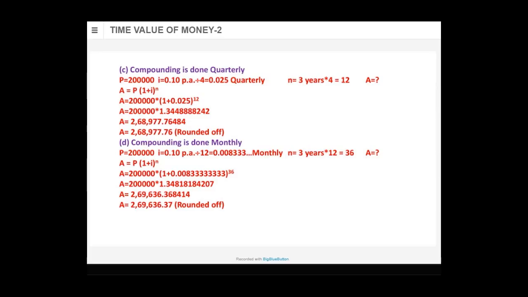Definitely, when it is compounded monthly, you get a bigger answer. If it is compounded daily, the answer will be still more. Smaller the period of compounding, bigger the amount. Any doubt?